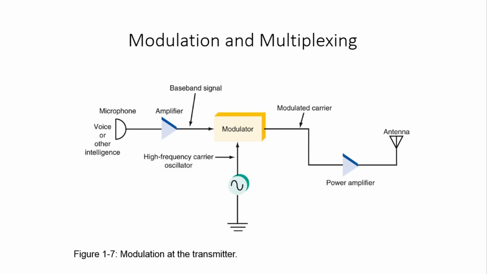After modulation, the modulated carrier signal is given to the power amplifier, which is used to boost the signal and increase the strength of the signal before transmission to the other end, and after that the signal is passed through an antenna.